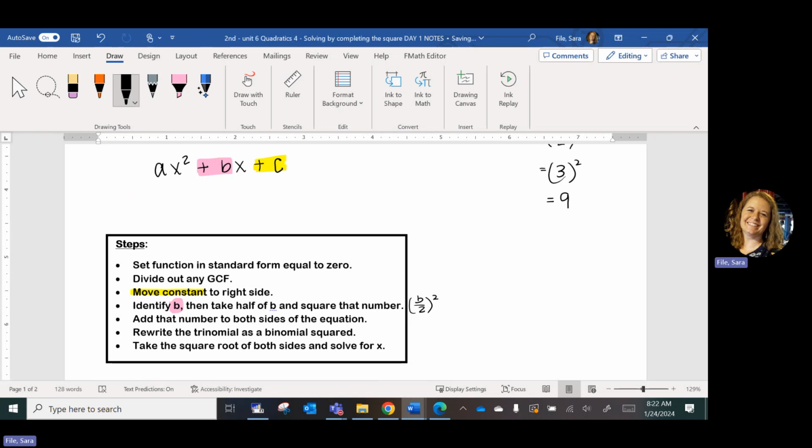So what that's going to look like is we're going to have our x squared plus bx plus blank equals, and then our c will have been moved to the other side by opposite operation, and we're going to add that same number to the other side.